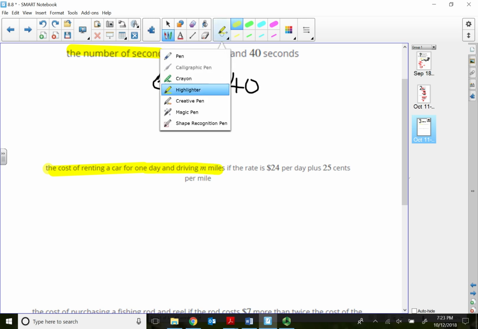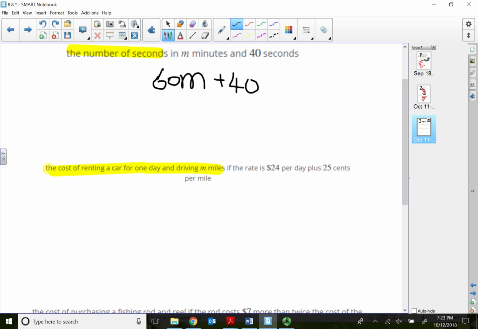So my answer needs to represent the cost of renting this car and driving. The rate is $24 per day plus 25 cents per mile. So what that means is to rent the car just for 1 day, I've got to spend $24.